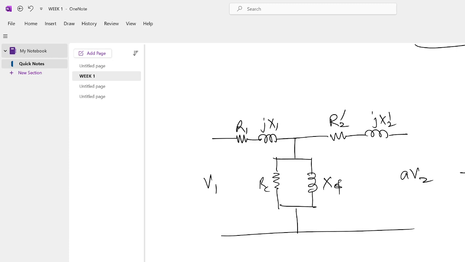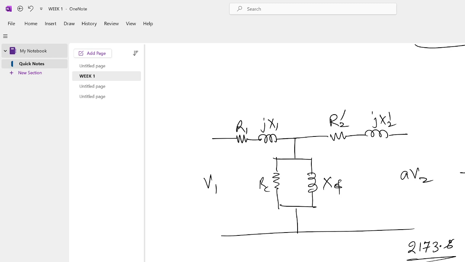Similarly, I primary will be 500 into 10 to the power 3 upon, secondary voltage is, I think, 2300. So this value is 217.3, something like that: 217.3913.